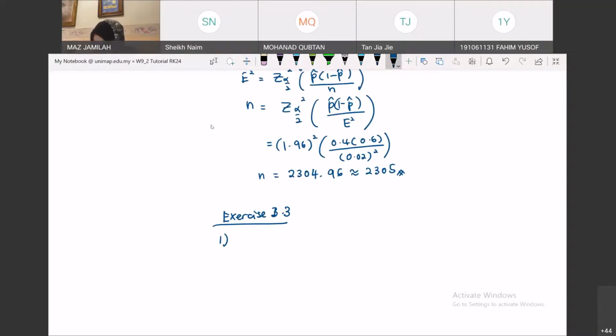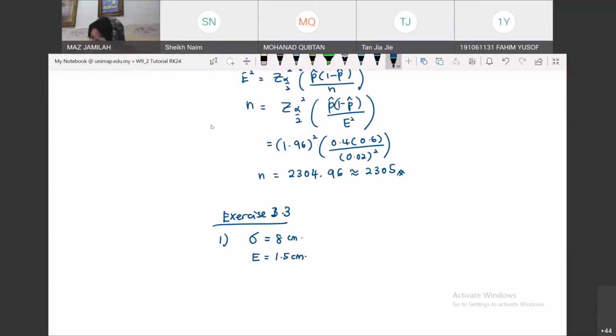So in this case, what is your 8 cm? 8 cm refers to your sigma. How many trees should be sampled if we want to estimate the mean diameter of all harum manis trees within 1.5? So the margin of error is within 1.5.